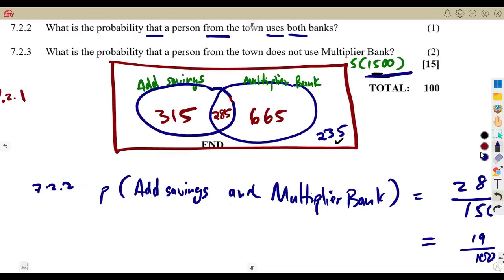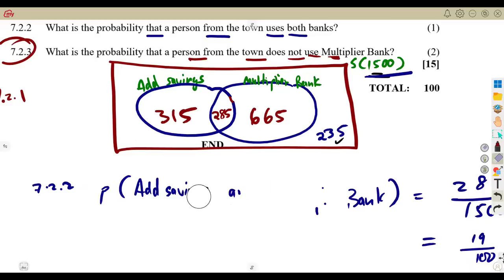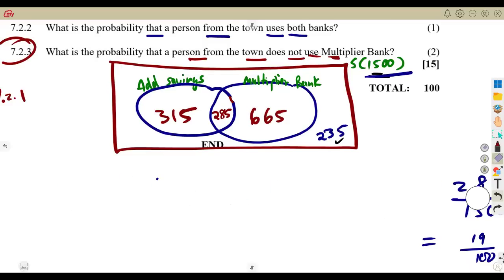Then on 7.23, what is the probability that a person from the town does not use multiplier bank? The person does not use multiplier bank. Close the multiplier bank if you do not understand and if you are given a diagram like this. They're saying they do not use this. This is your multiplier bank. Close it like this.